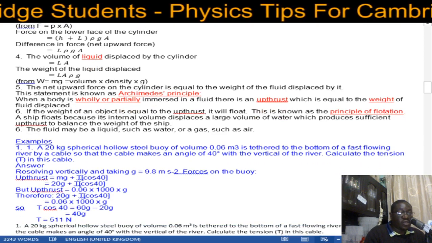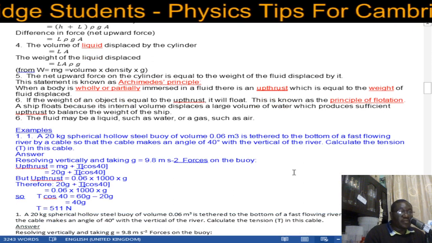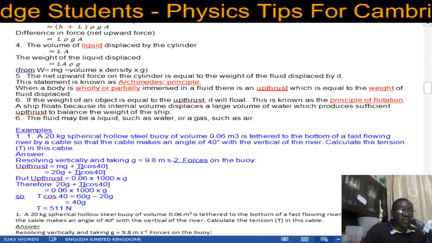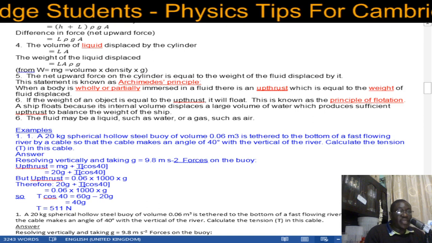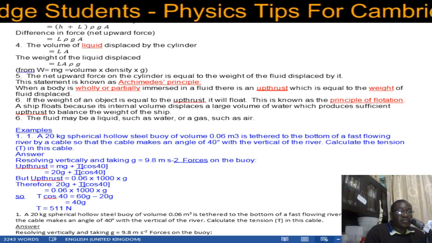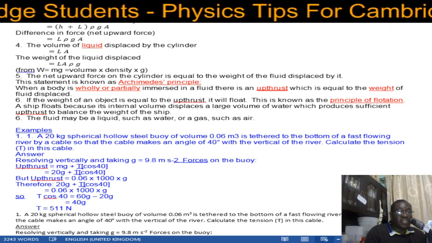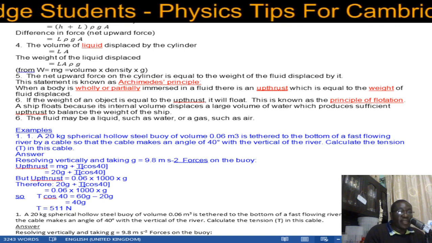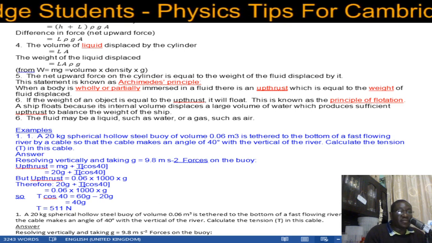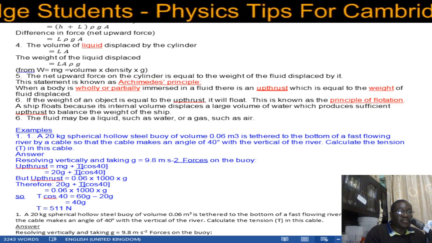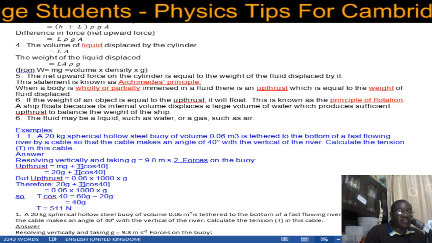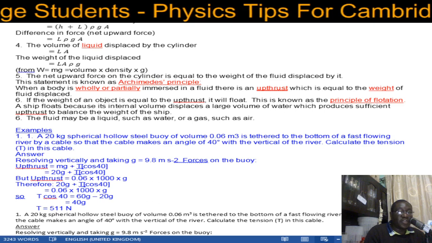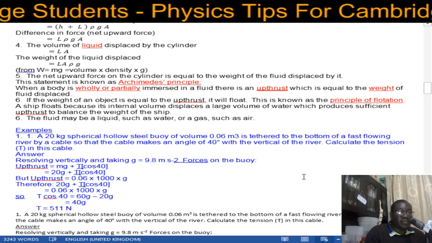Examples. The first one: a 20 kg spherical hollow steel buoy of volume 0.06 cubic meters is tethered to the bottom of a fast-flowing river by a cable, so that the cable makes an angle of 40 degrees with the vertical. Calculate the tension T in the cable.